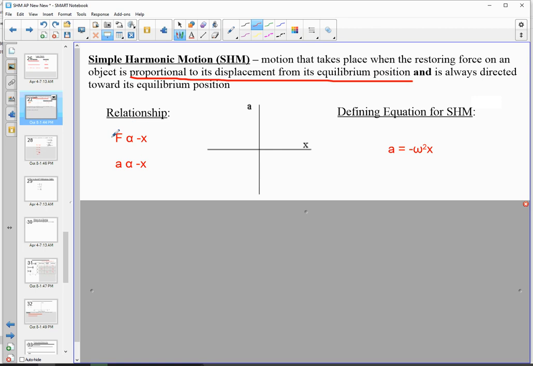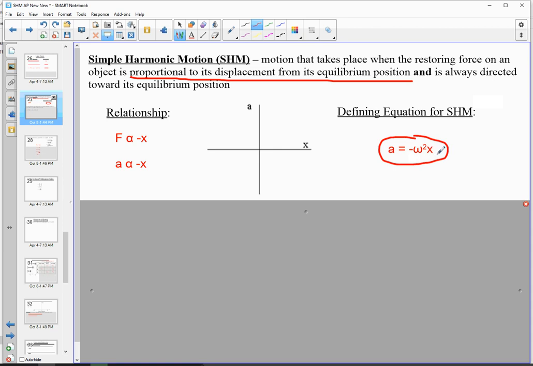So in general, the force has to be proportional to negative x, which means, given F net equals ma, that acceleration will be proportional to the negative displacement away from equilibrium. And our defining equation for simple harmonic motion for acceleration, we just went over the a equation, a equals negative omega squared x0 sine omega t, where the x0 sine omega t is just x, right?